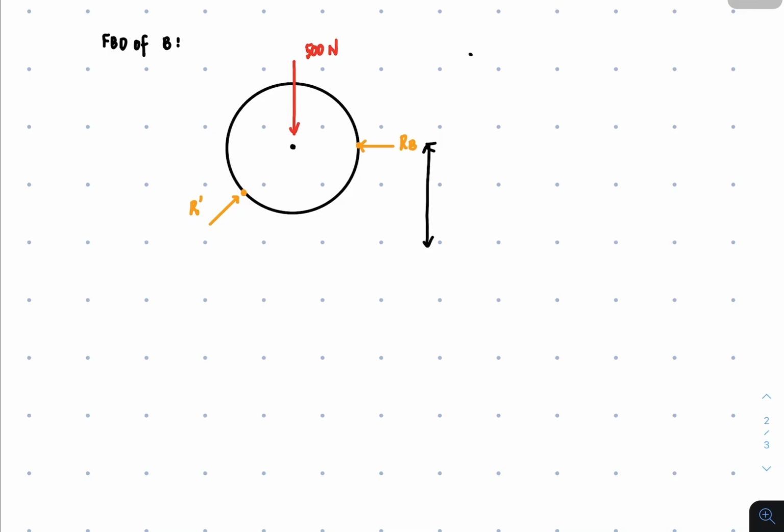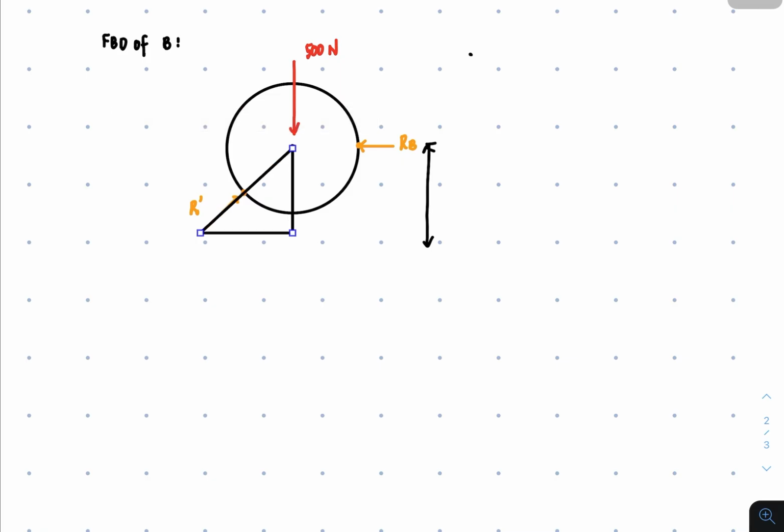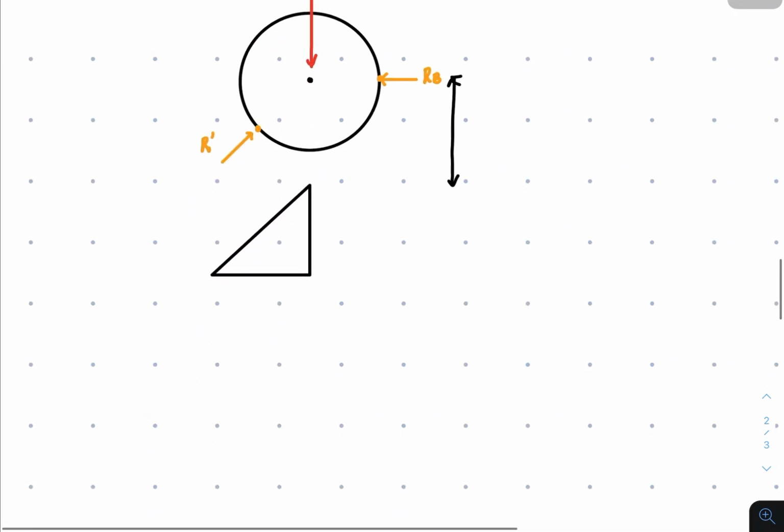Okay, so for r prime we need the inclination of the angle, so I'll just copy the triangle that we created. So this is the triangle from here down horizontal. So I'll just transfer it here.